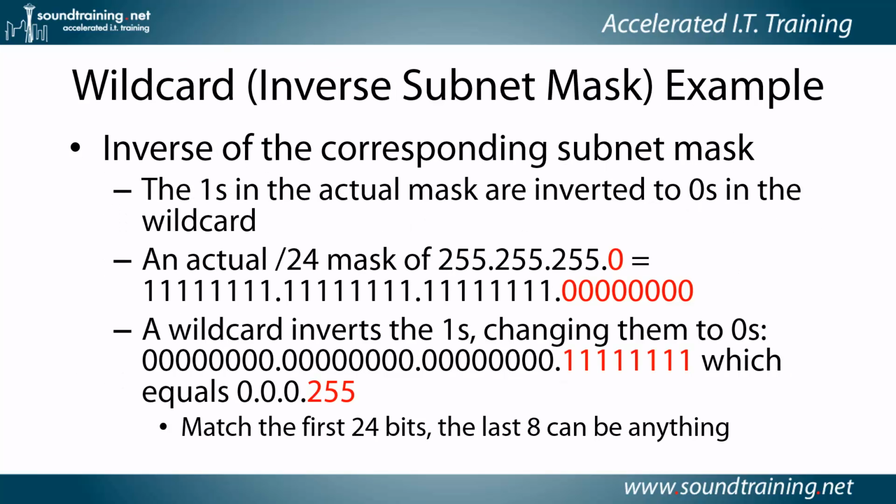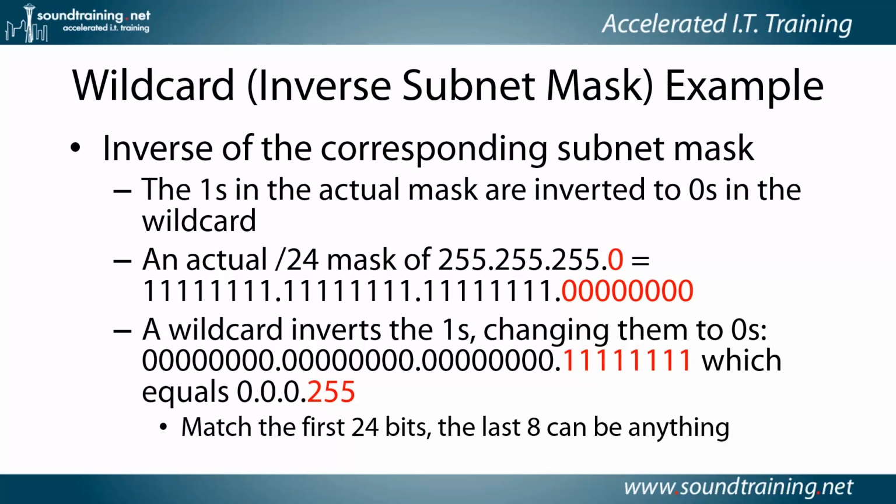Here's what it looks like in binary, and this is what you really need to understand if you want to really grasp the meaning of this. And if you're working on a CCNA, this is going to be very helpful. The inverse of the corresponding subnet mask means that the ones in the actual mask are inverted to zeros in the wildcard. An actual 24-bit mask, a /24, of 255.255.255.0 becomes 24 ones followed by 8 zeros, right, in binary?